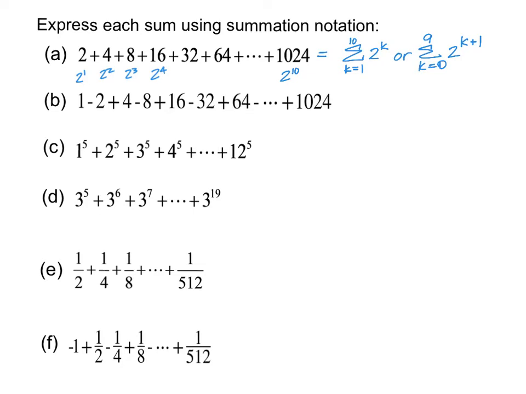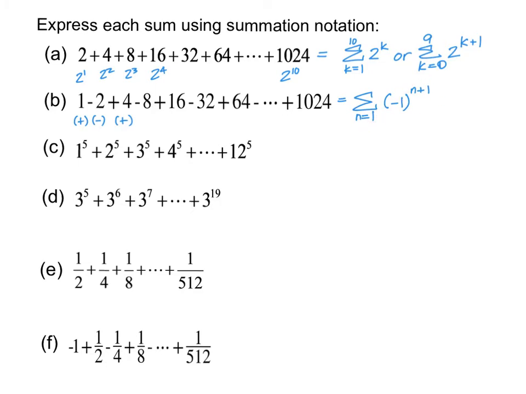Part B, the signs alternate. And so to create that, all you need is a factor of -1 raised to the n plus 1 power. Because the first term is positive, the second term is negative, the third term is positive. So if I want the first term to be positive, I need the first time this exponent appears to be even.